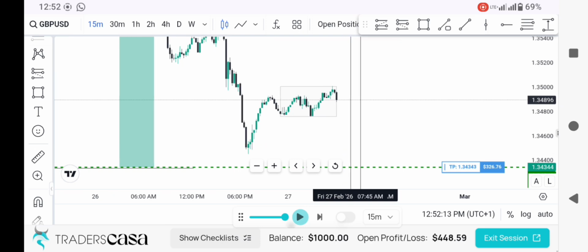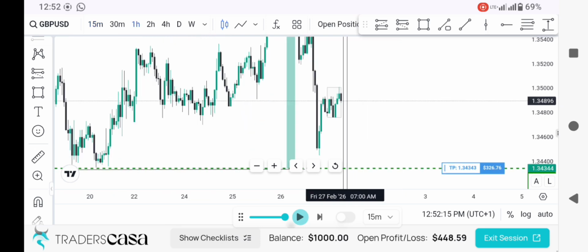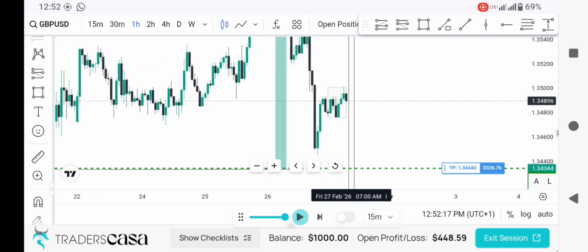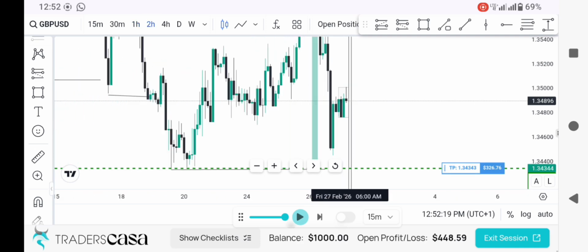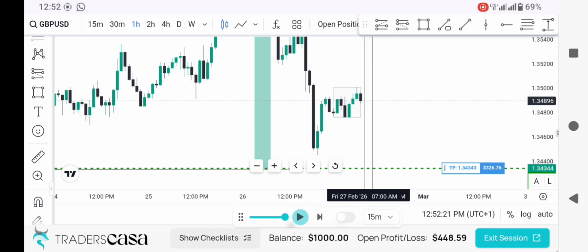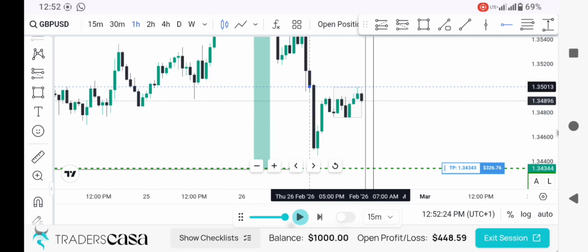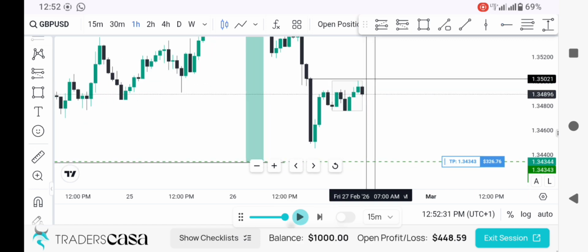On the 1 hour time frame, as you can see right now, we have a rejection block just above the Asian session.